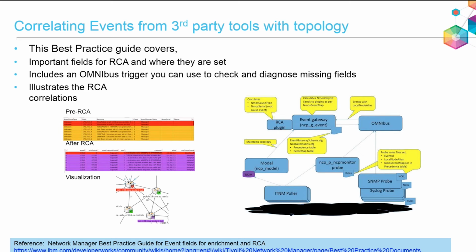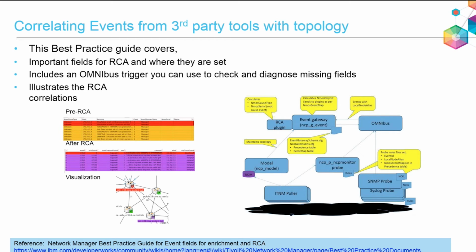It matches it first, and then enriches it with all the topology data, the other NMOS fields, columns in the event, and sends it off to the various plugins, which includes the enrichment and the RCA, and there are a few others.